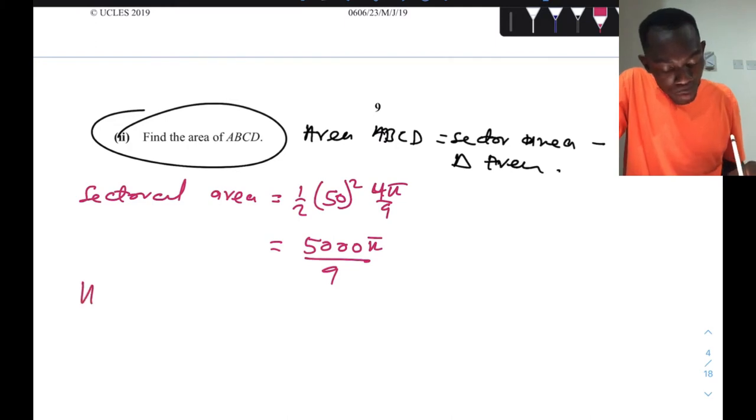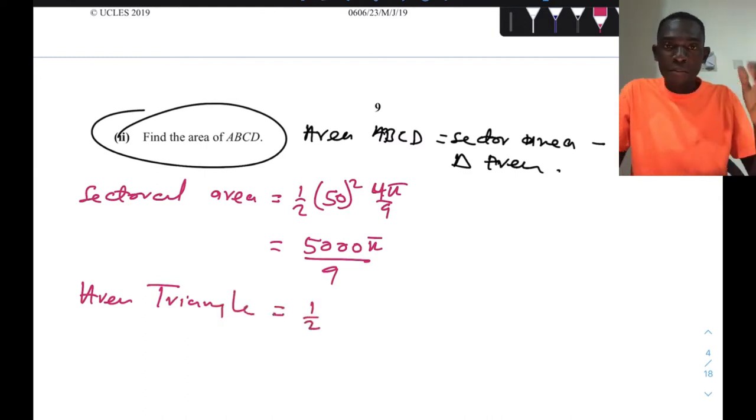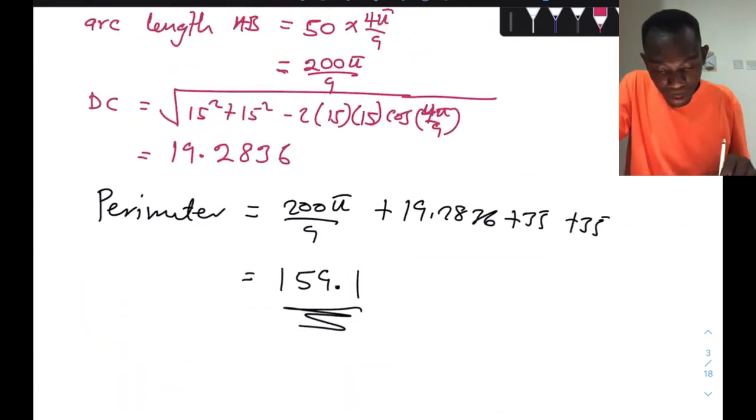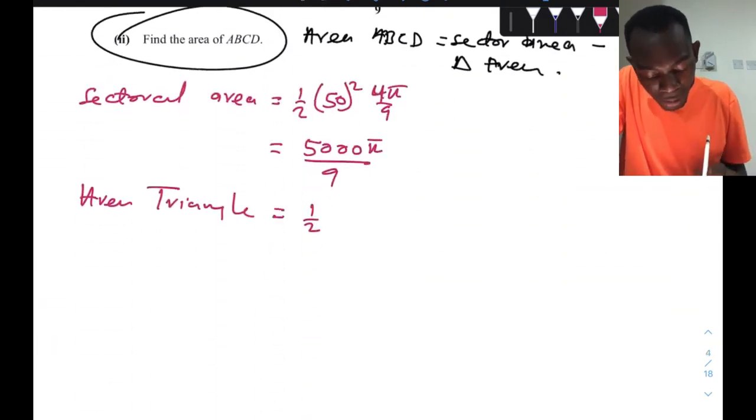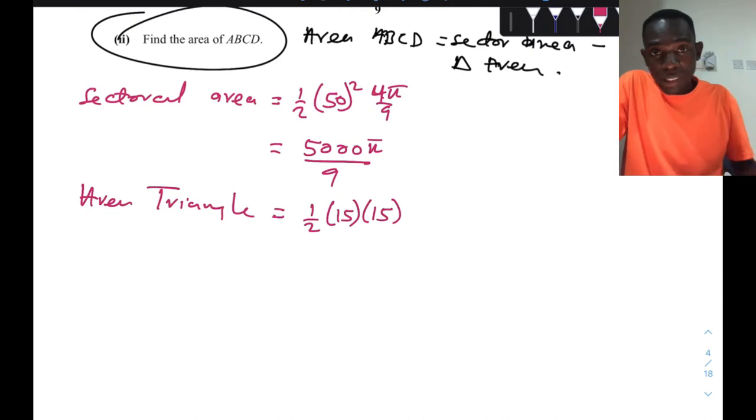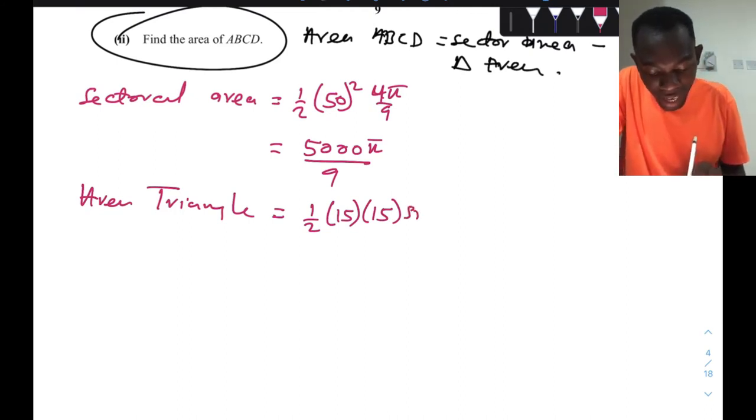Okay, now let me go and do area of triangle. Area of triangle, that will be half the side times the side, okay? And each side is 15 if I remember correctly. Yeah, each side is 15, so half times 15 times 15, then sine the angle that was given, which is 4 pi on 9.